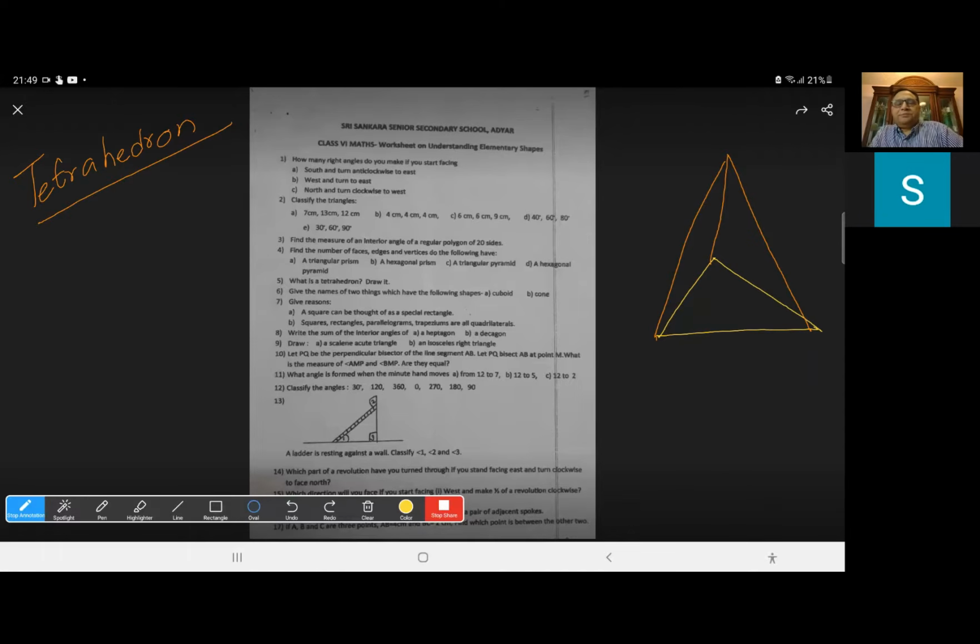Very important shape. You will learn that it is also a form of water molecules. We will talk about it later. But anyway, it forms some compounds. Very, very important shape, tetrahedron.